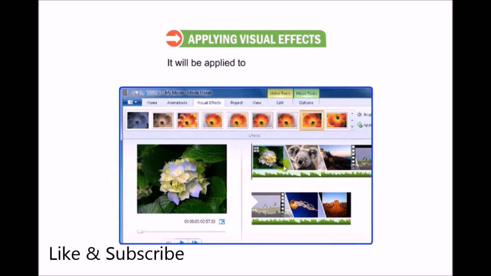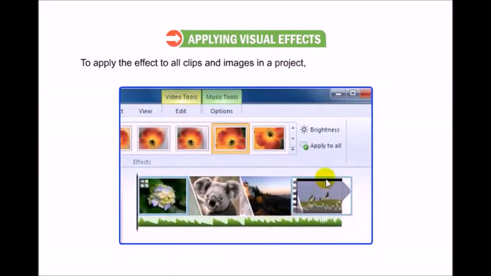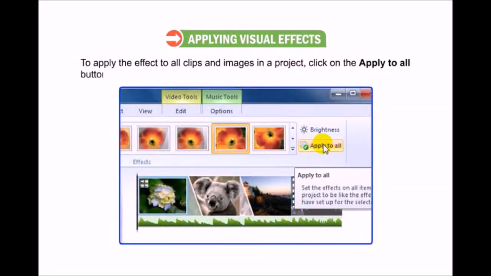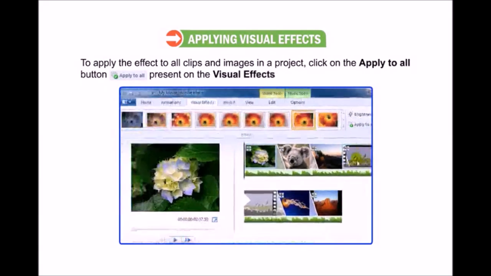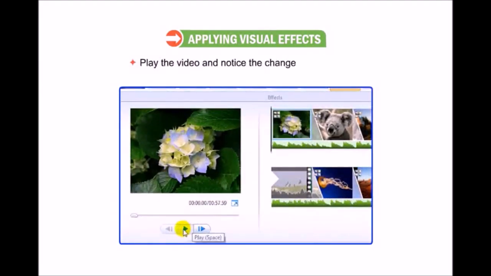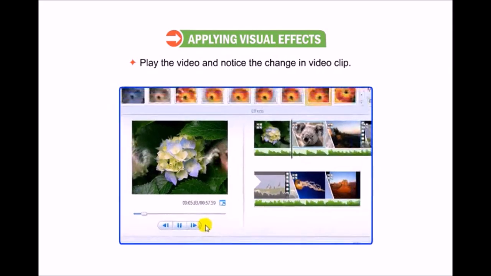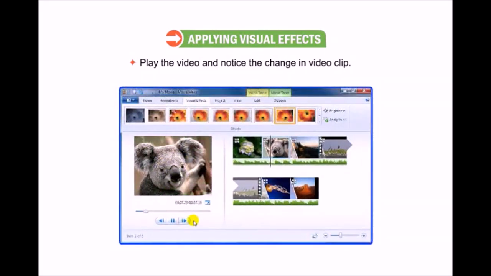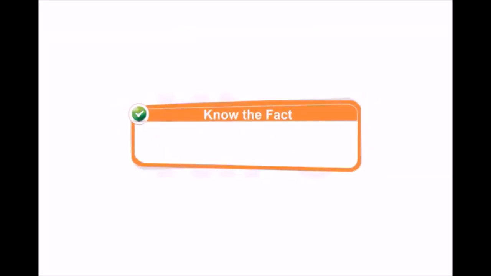It will be applied to that clip or image. To apply the effect to all clips and images in a project, click on the Apply to All button present on the Visual Effects tab. Play the video and notice the change in the video clip. Students know that visual effects can only be applied to the objects, not on the title.